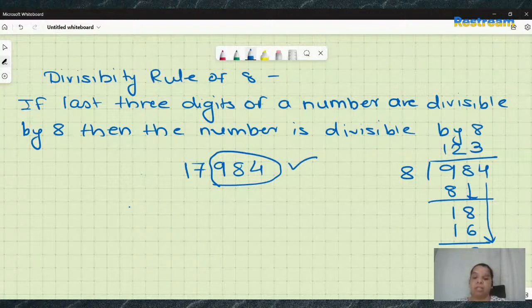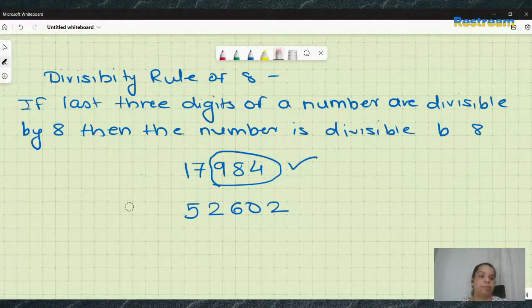Now let's take another number, 52602. Now we will see if 602 is divisible by 8. So 602 and 8.